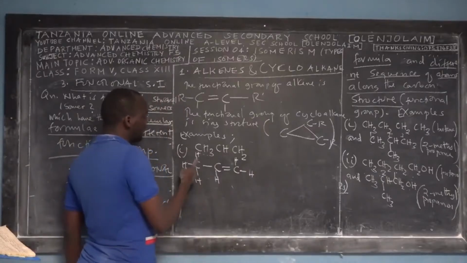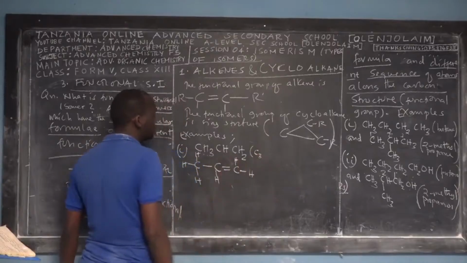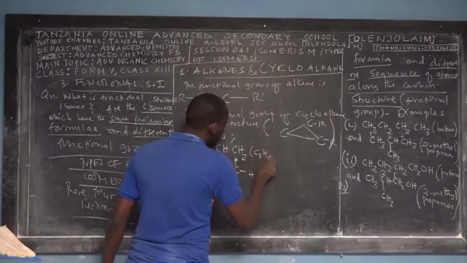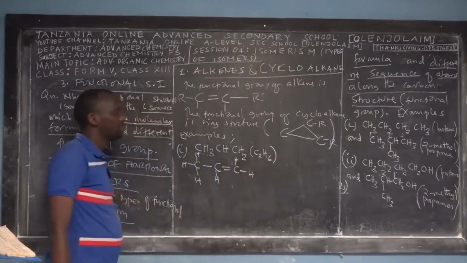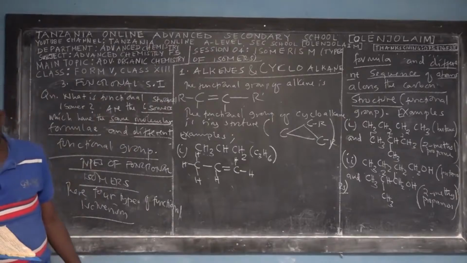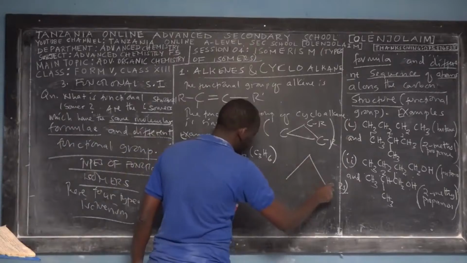In total, how many carbons are there? Its molecular formula is 3 carbons and 6 hydrogens. Is there any other organic compound which has the same molecular formula but a different structural formula? Yes.